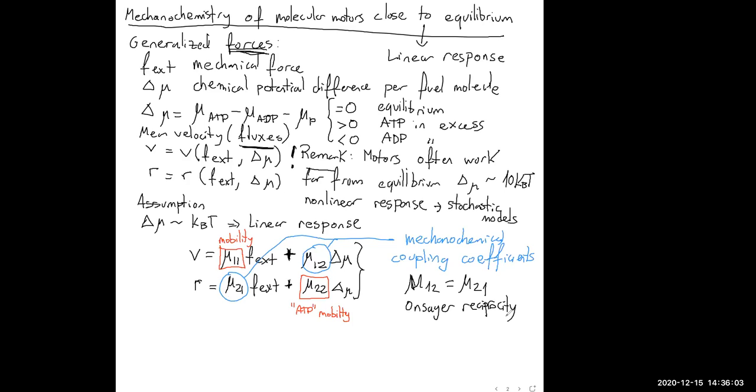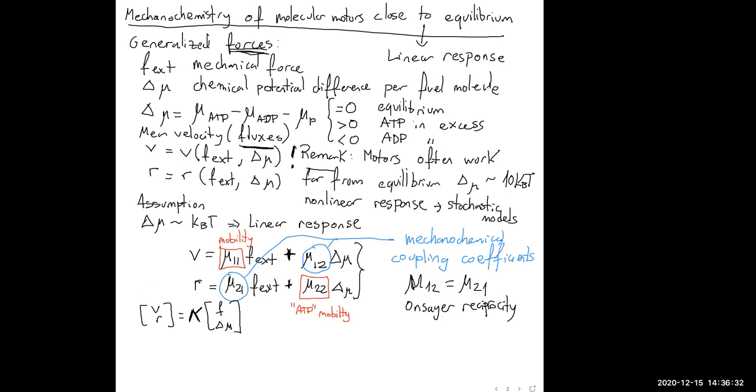Okay, so now something that is important to consider. First of all, we assume that the system is stable. So this can also be written as a matrix: V over R is a matrix, we can call it matrix lambda, times F delta mu.